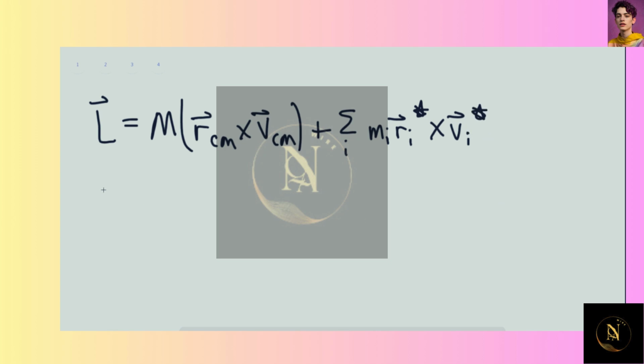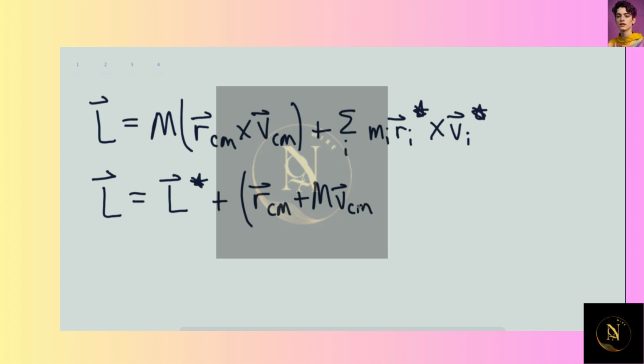And we know that the angular momentum is then the angular momentum star, essentially for the center of mass, plus the position of the center of mass cross the total mass times the velocity of the center of mass. That is how we would prove that equation. That is the end of the solution. Thank you for watching.